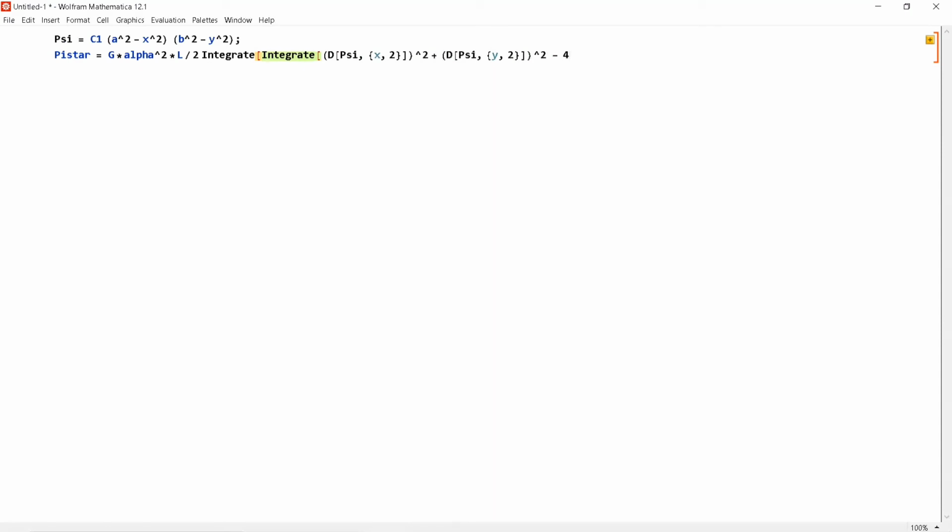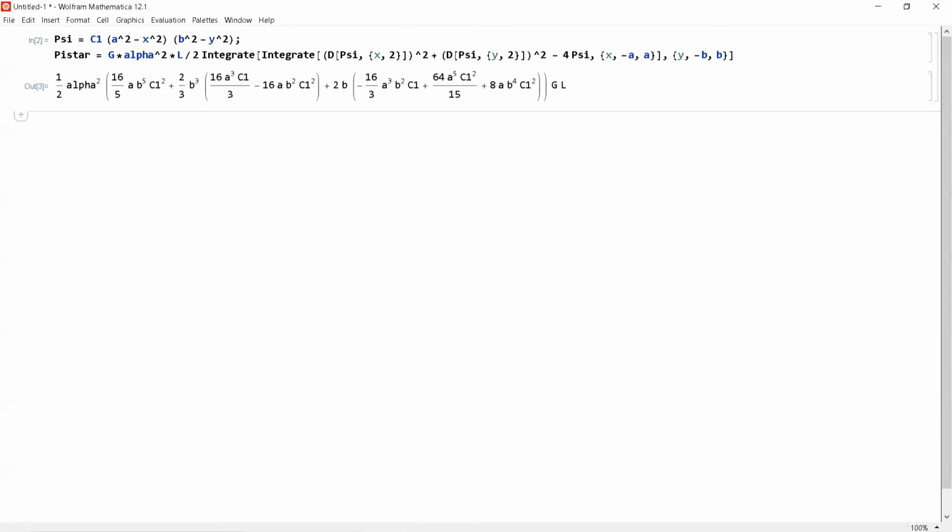Minus 4 times psi. And my first integrate goes from minus a to a, and my second one goes from minus b to b. I doubt this is going to work because I'm really rushing it here, and I just don't know if it's going to work out. But why wouldn't I just calculate and see what happens?